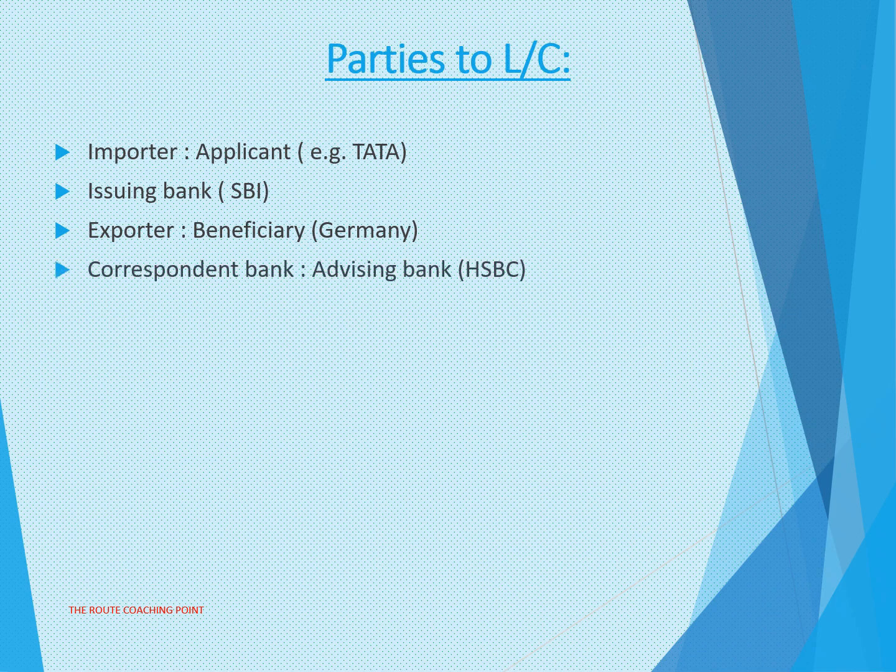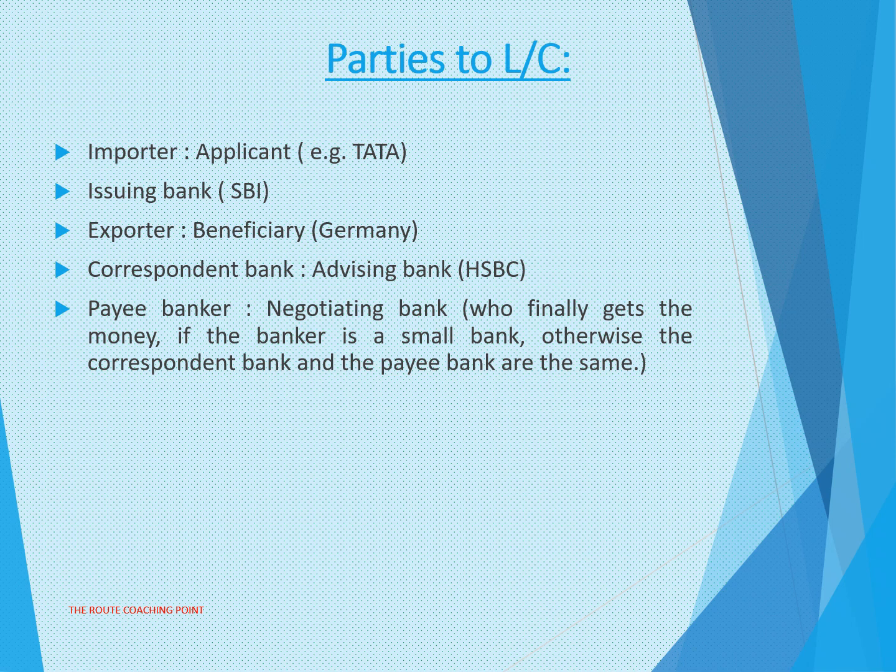Correspondent bank or advising bank: HSBC, it is there in Germany. Okay. Pay bank or negotiating bank, who finally gets the money if the banker is a small bank. Otherwise the correspondent bank and the pay bank are the same. So Germany's banker is HSBC. Okay.